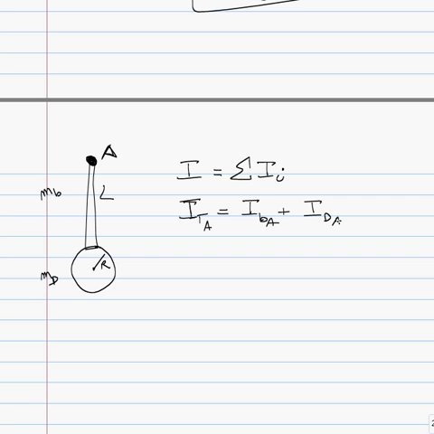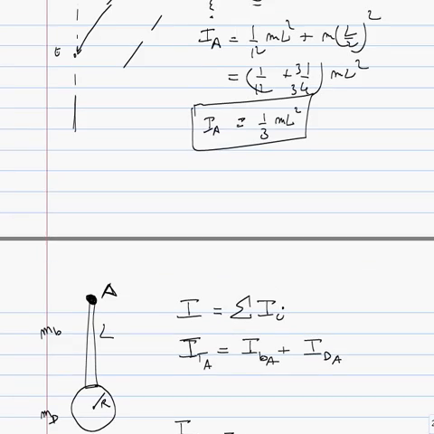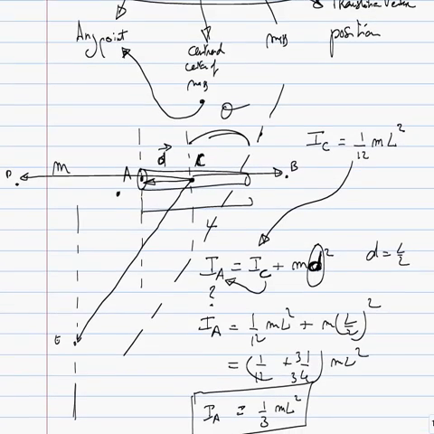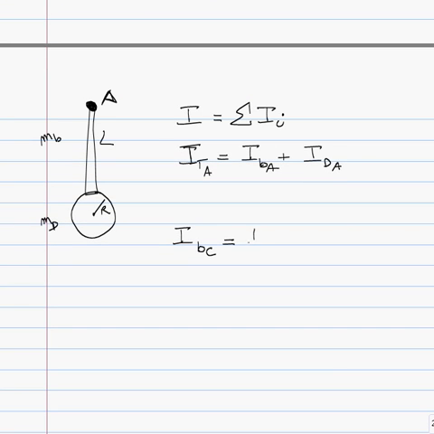Let's imagine that we only know the moment of inertia of each subsystem with respect to their center of mass. That is, we know that I of the bar about its center of mass C is equal to 1/12 mass of the bar, length of the bar, L squared.